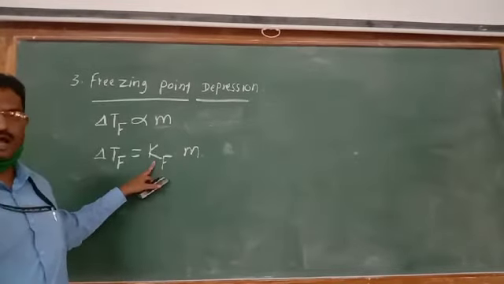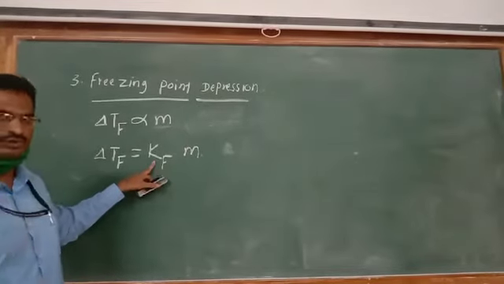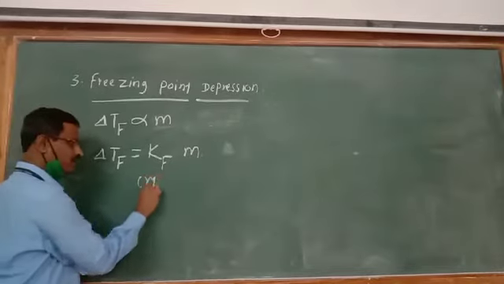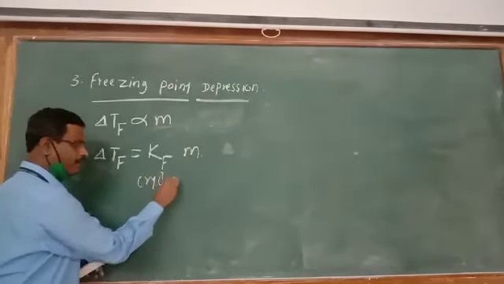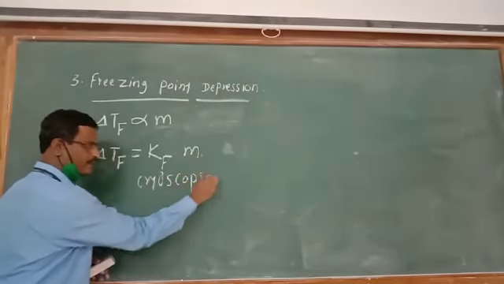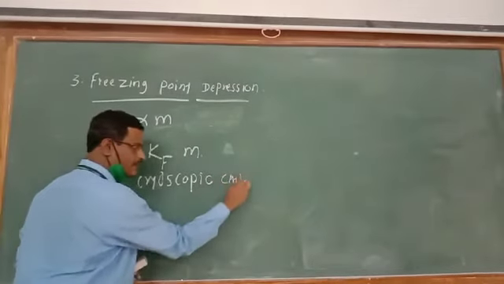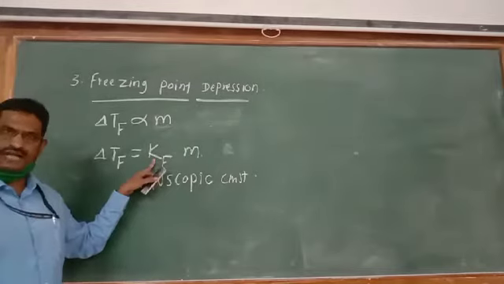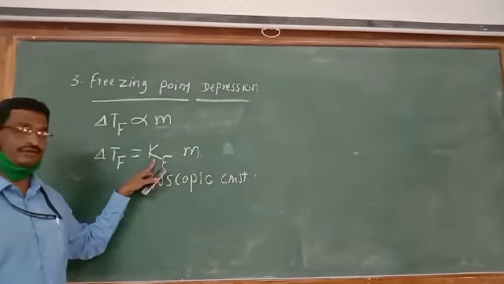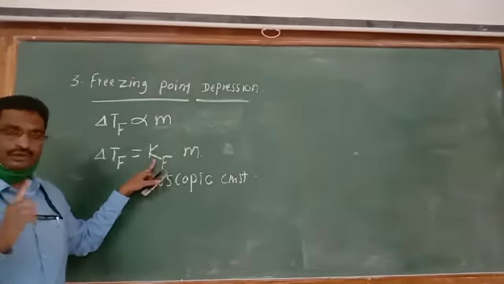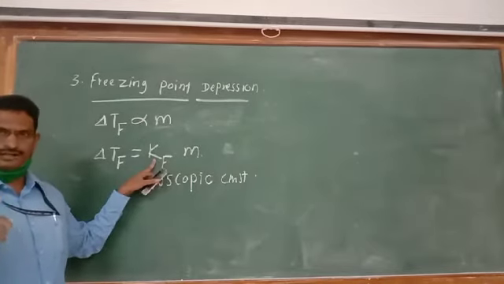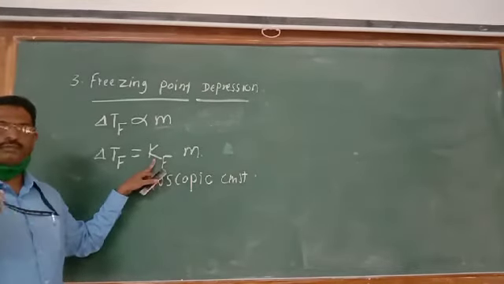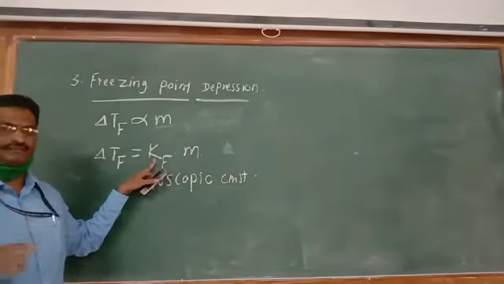It is known as cryoscopic constant. Name of method, cryoscopy. Therefore, it is known as a cryoscopic constant. This is also known as proportionality constant. It is also known as molar depression constant or molar depression of freezing point constant.